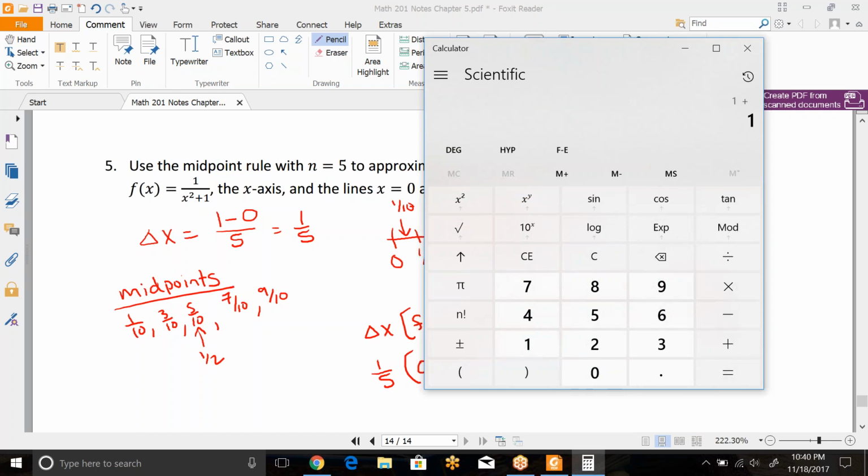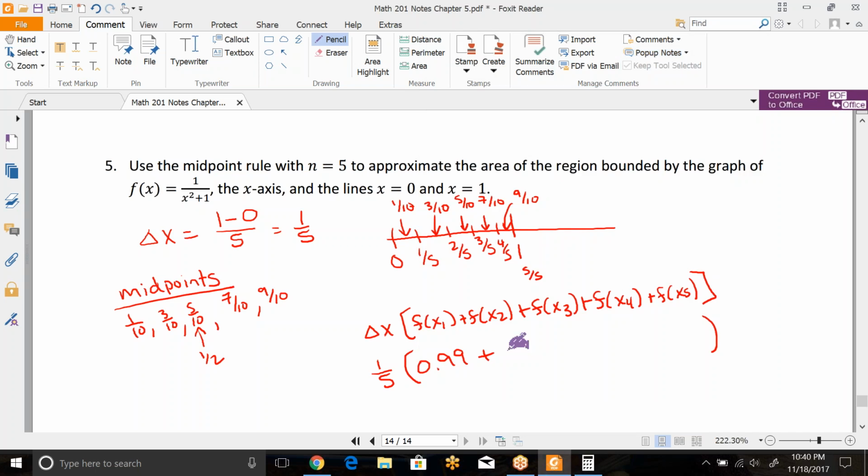So 1 divided by, I should have said, parentheses, 3 divided by 10 squared, and then plus 1, close parentheses. That is 0.917. I'm going to go to 3 decimal places.